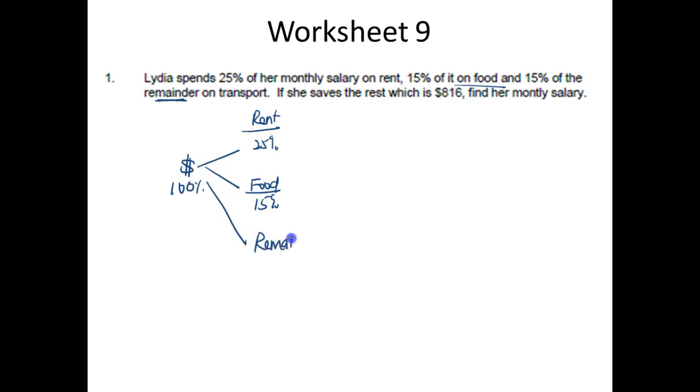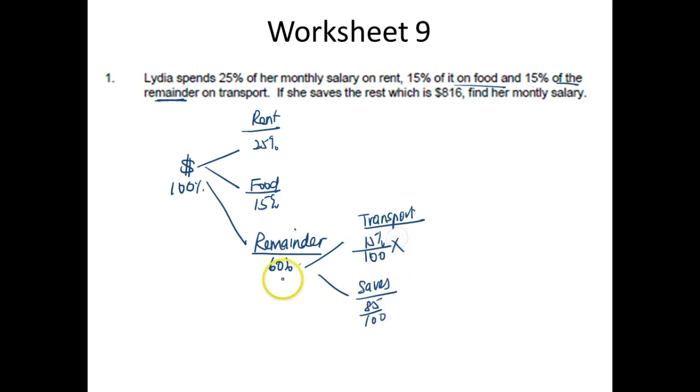The remainder will be 100 minus 25 minus 15, which is 60%. And she spent 15% of the remainder on transport. So out of the remainder, she spent on transport 15 out of 100. And she saves the rest. So the savings will be 85 out of 100, which is 85% times 60%.